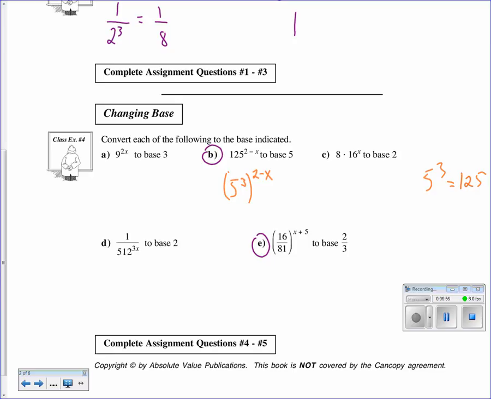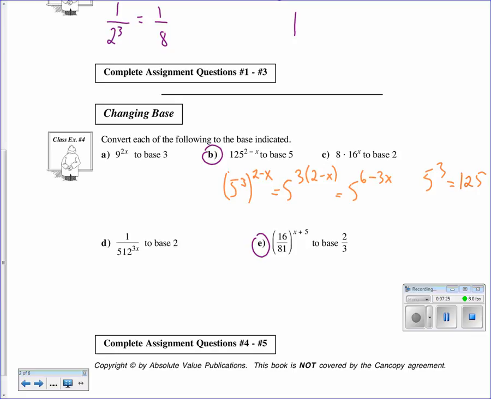So now I have to multiply 3 times 2 minus x, which is 5 to the exponent 6 minus 3x. So all those skills come into play in the work that we're doing. Our rules for exponents, for powers, have to be in our heads so that we can use them.